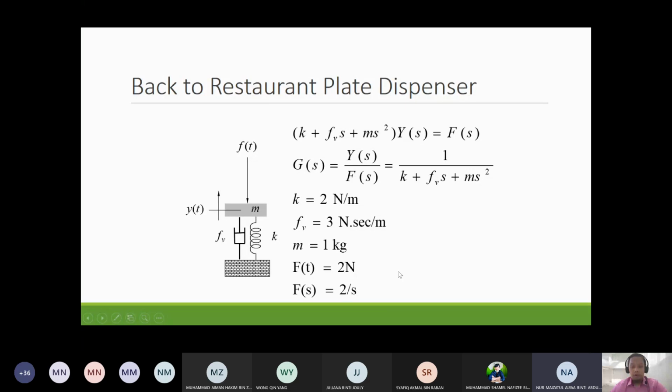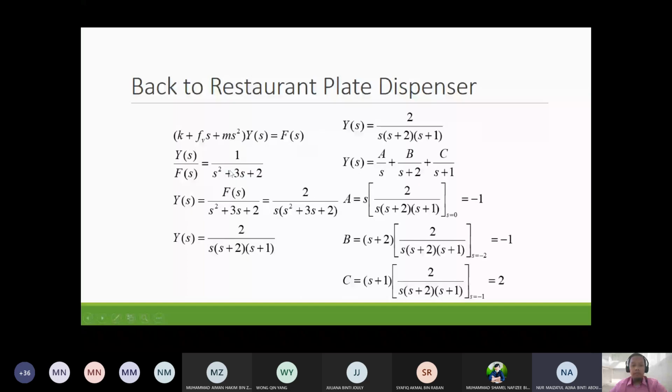Then substitute all of this into the transfer function G, and rearrange, and then you get Y equals this equation.